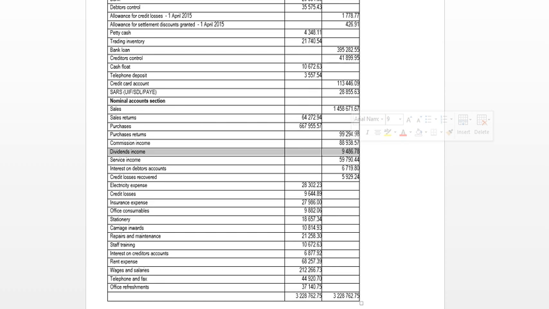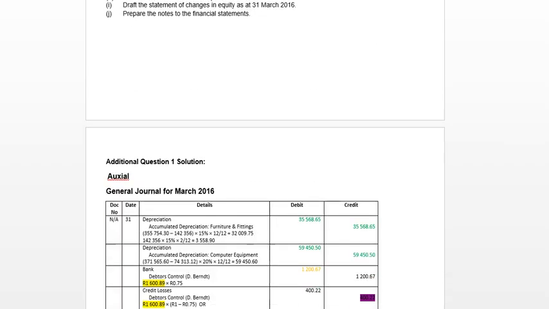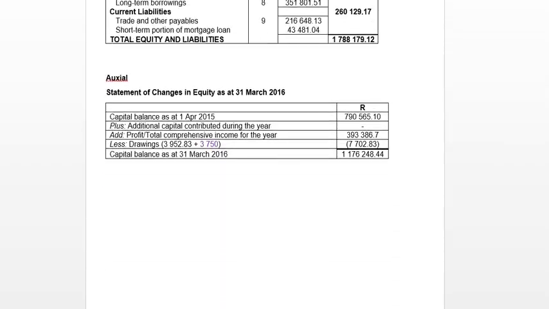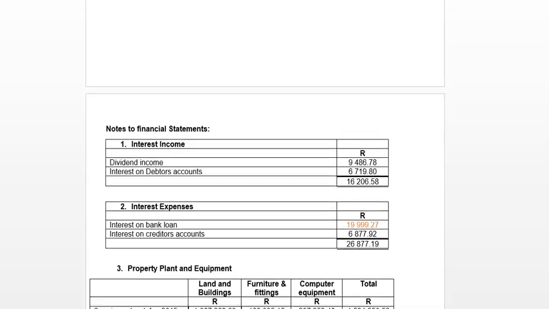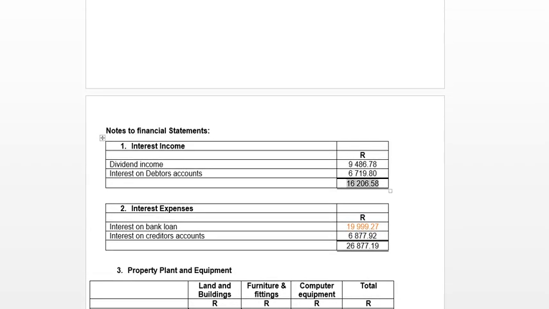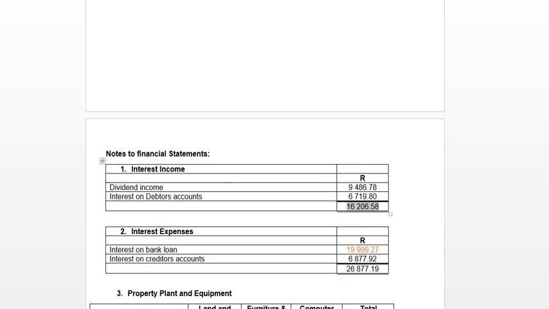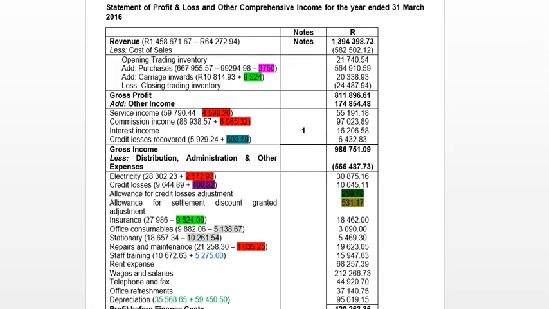That we refer to as interest income. That's the same as that. So we're going to add our dividend income of 9,486 Rand together with our interest on debtors account of 6,719 Rand and 80 cents. So our total interest income is then 16,206 Rand and 58 cents.